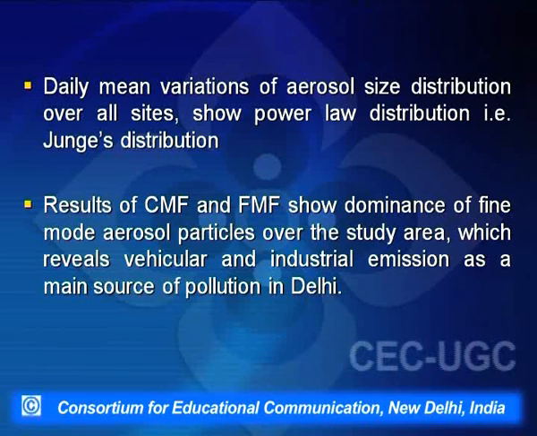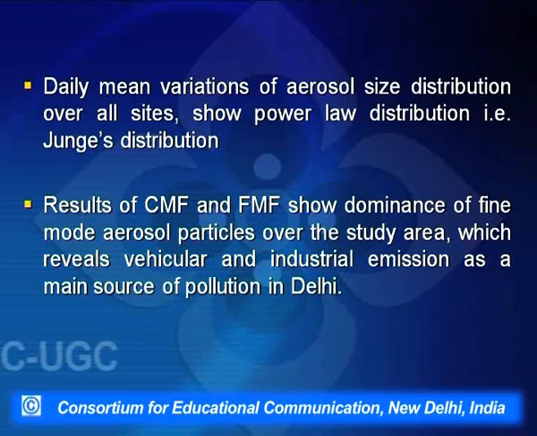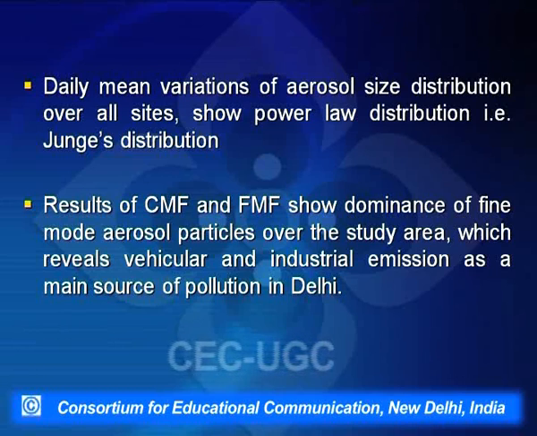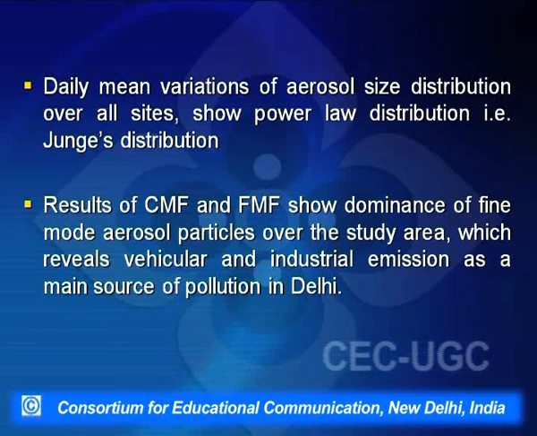Daily mean variation of aerosol size distribution over all the sites shows power law distribution, that is Junge's law distribution. Results of coarse mode fraction and fine mode fractions show dominance of fine mode aerosol particles over the study area, which reveals vehicular and industrial emission as a main source of pollution in Delhi.